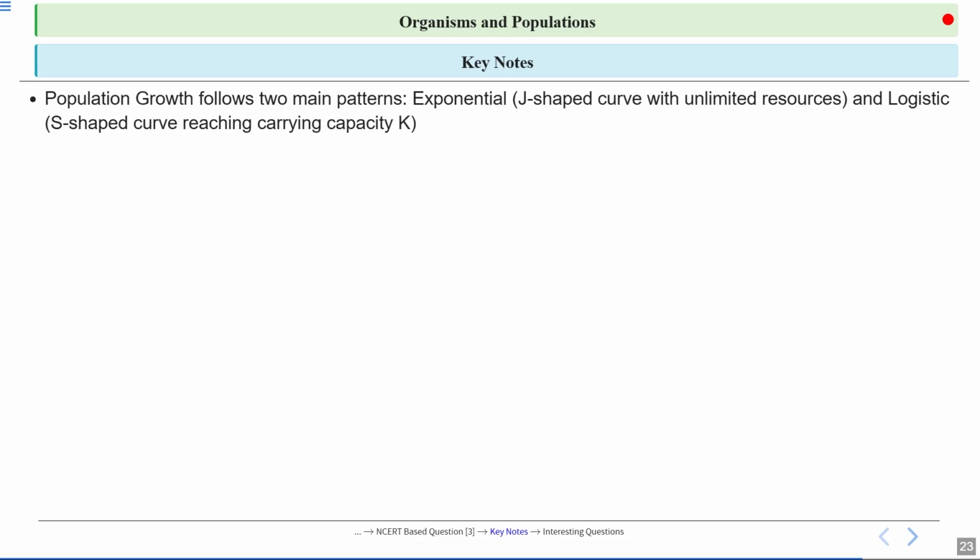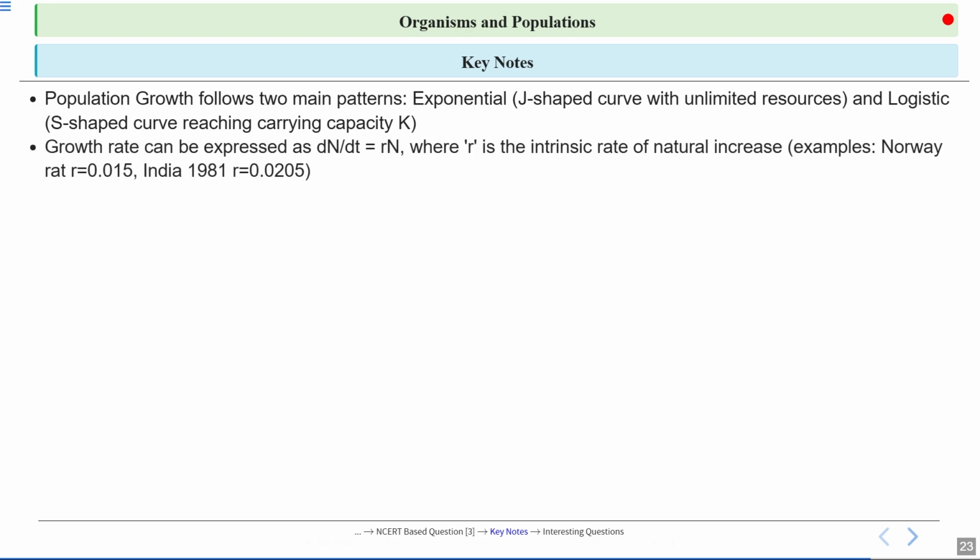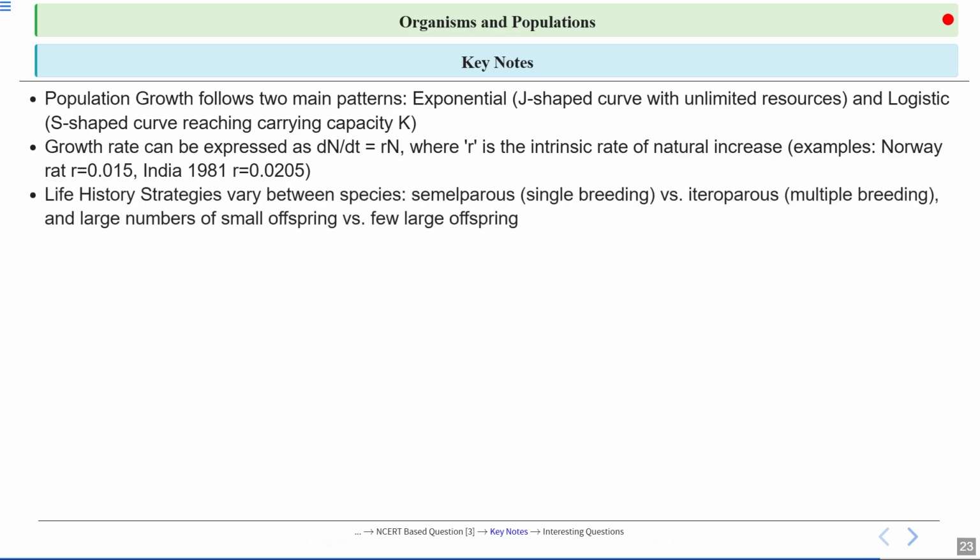In logistic growth you get the S-shaped curve, because you take into consideration carrying capacity and the resources are limited. Now the growth rate can be expressed as dN/dt = rN. This is the equation for exponential growth, where r is the intrinsic rate of natural increase. You can give the example of the Norway rat and the human population growth in India.